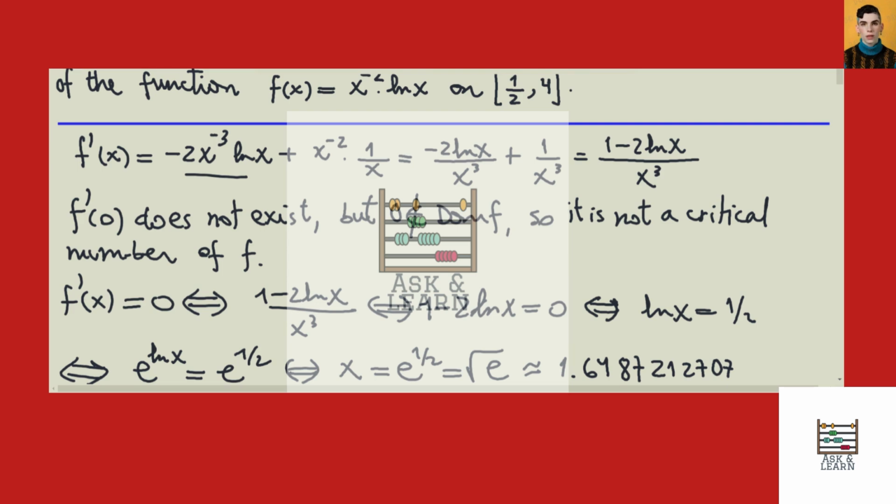That is, even though 0, for example, is a value where the first derivative does not exist, that value 0 is not in the domain of the function, so it is not a critical number.